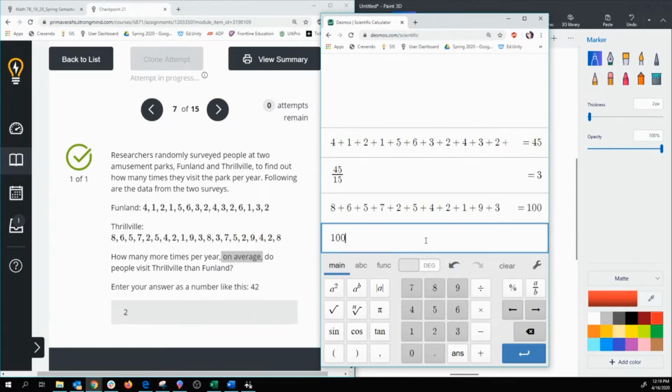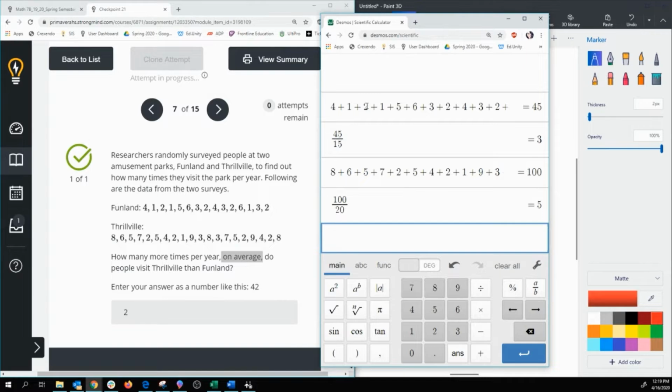Alrighty. So my average for Funland was 3, and my average for Thrillville is 5. So how many more times do people visit Thrillville than Funland? If people on average visit Thrillville 5 times and Funland 3 times. How would I find the difference between 3 and 5? What would I do with these two numbers?